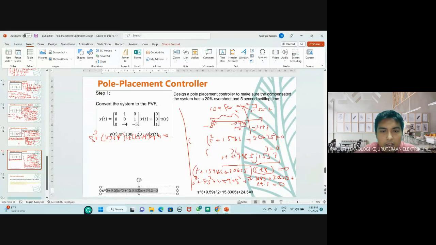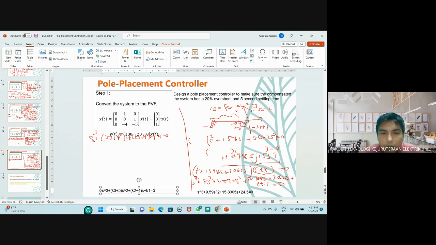Maybe I can rewrite again. s cubed plus (a3 plus 5) s squared plus (K2 plus 4) s plus K1 equal to 0.